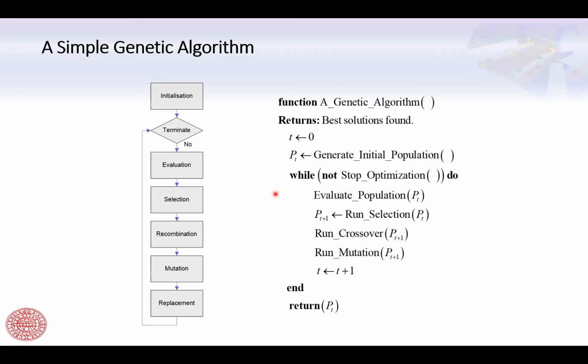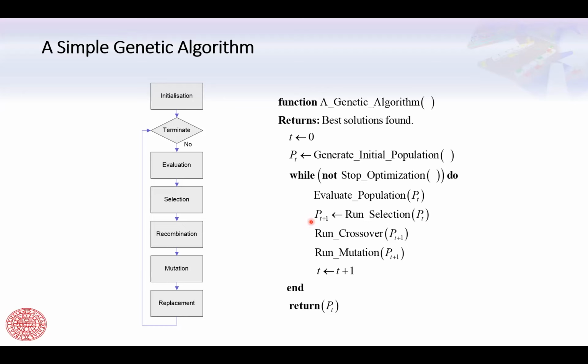So if we do not reach our total budget, again, this is metaheuristics. We have a certain budget. Then we will use some iteration functions to iterate the populations. The idea is to get the fitness value of the population. And then you run your selection so that you get your current generation, P(t).